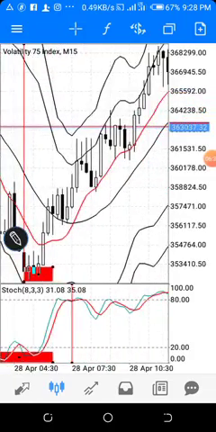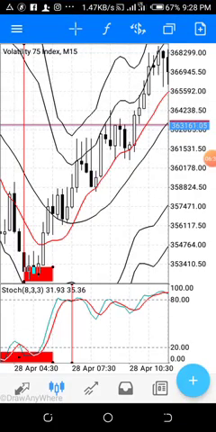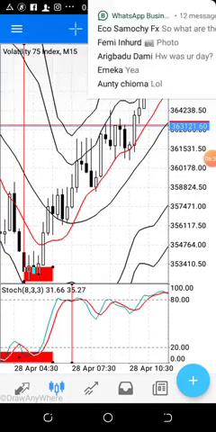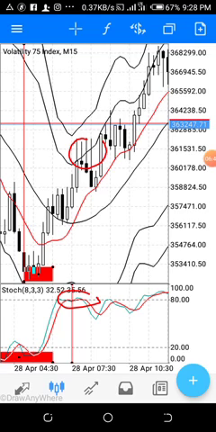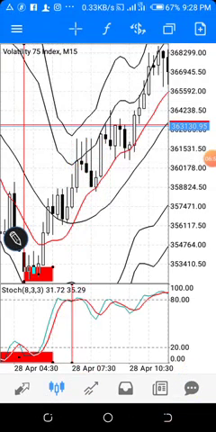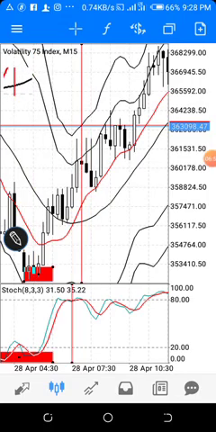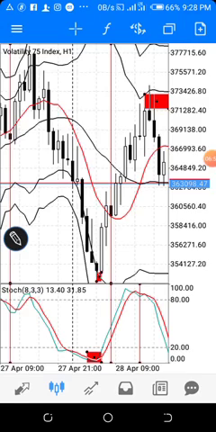Now listen to me. This is another signal for sell. Please pay attention here. Can you see that? It's another signal for sell. But check 1 hour on this trade. Can you see?